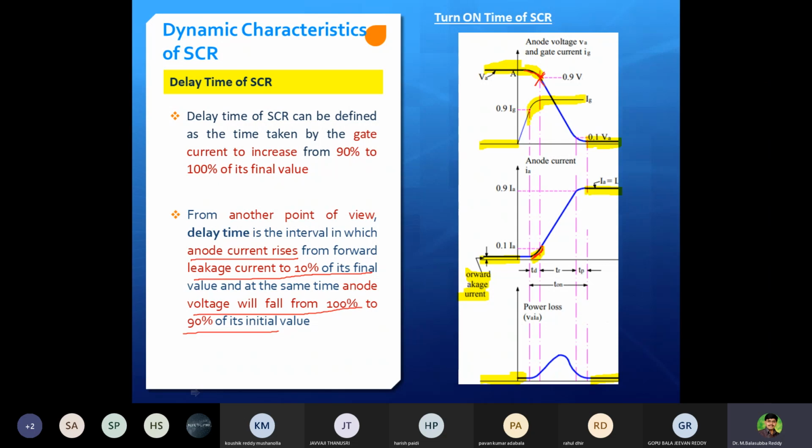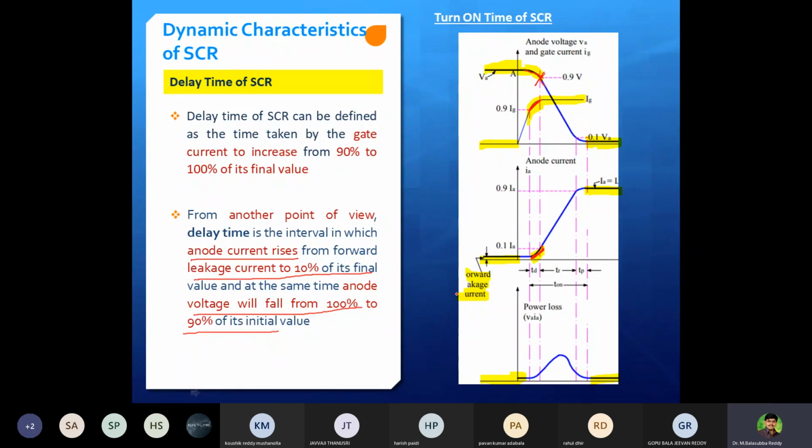One thing we can define: the gate current changes from 90 percent to 100 percent, or else the interval in which the anode current reaches 10 percent of its final value and the anode voltage drops from 100 to 90 percent of its final value.